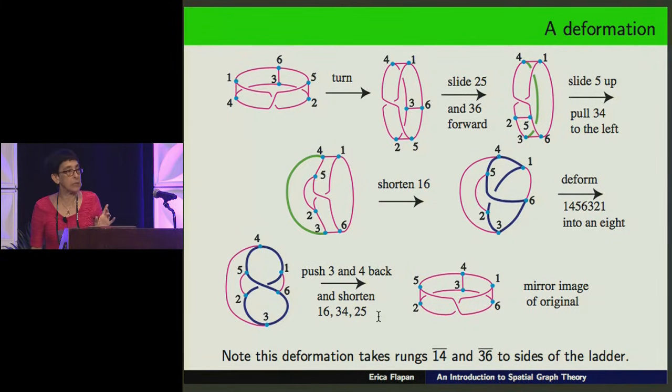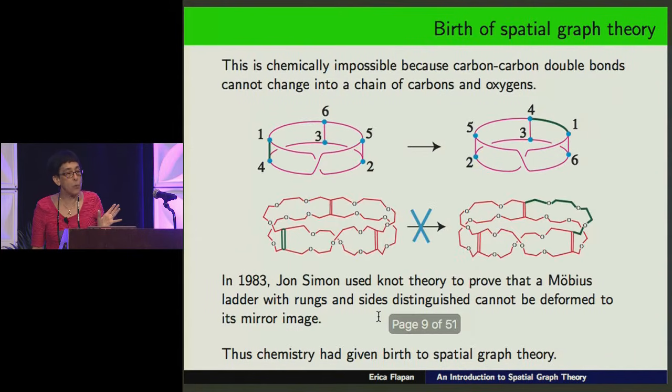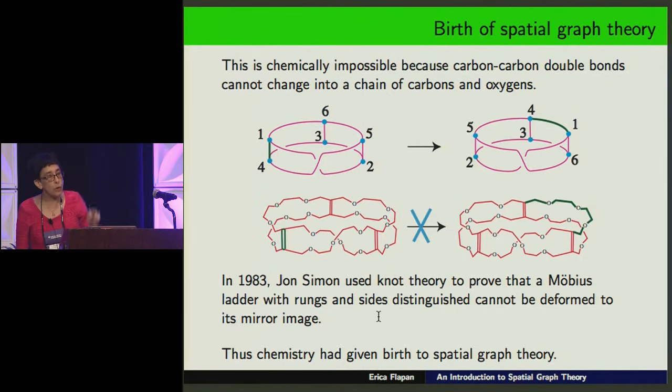So that's an interesting fact. And it turns out that this means it's chemically impossible, because in fact, those vertical rungs of the ladder are carbon-carbon double bonds, and the sides of the ladder are this long chain of carbons and oxygens.